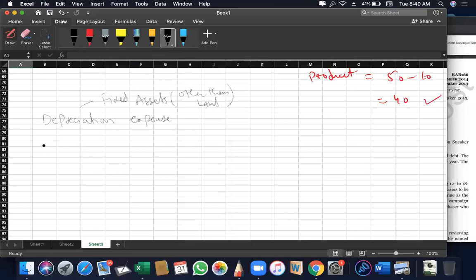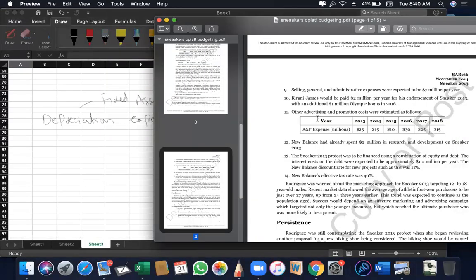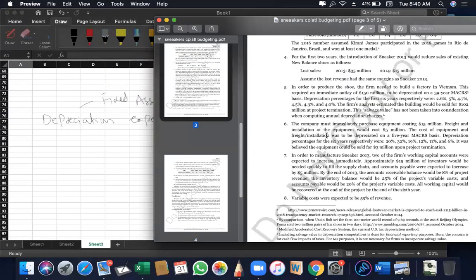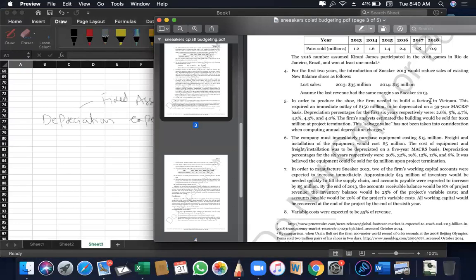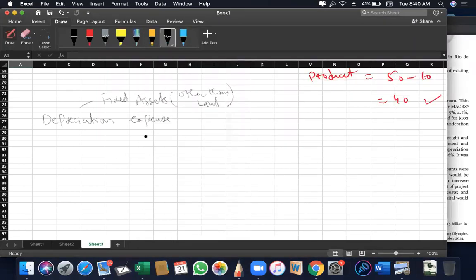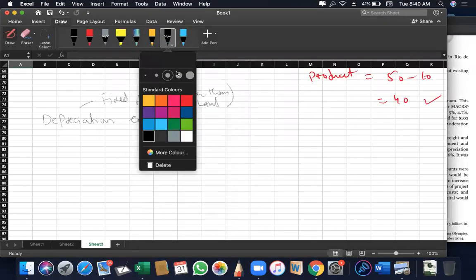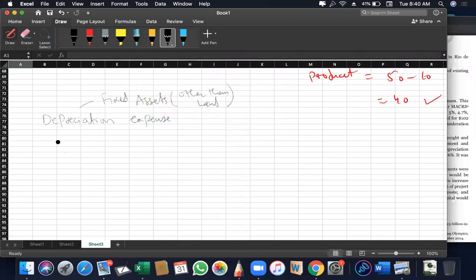We have two assets. In point number 5, we have the asset that is the factory, and we purchased it for 150 million. So we will write here the data that is given to us. The factory cost is 150 million.